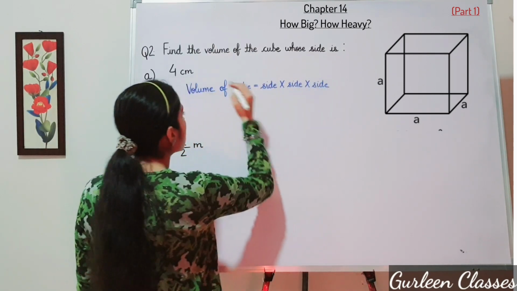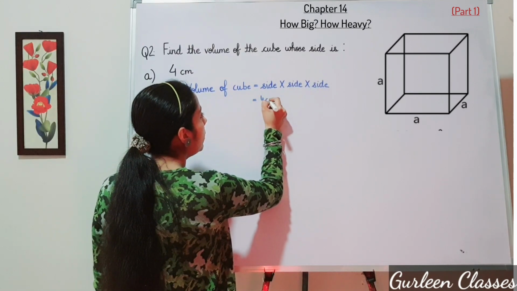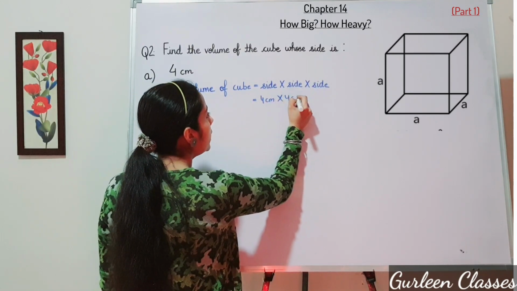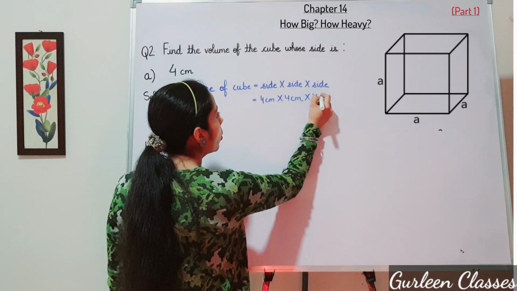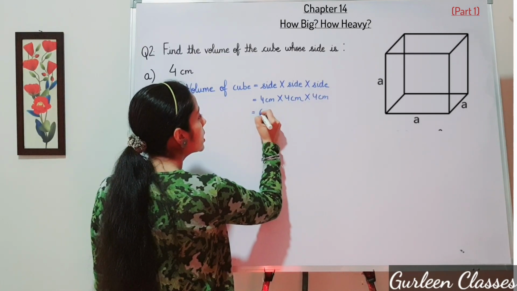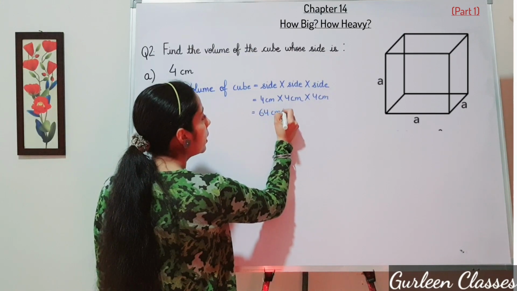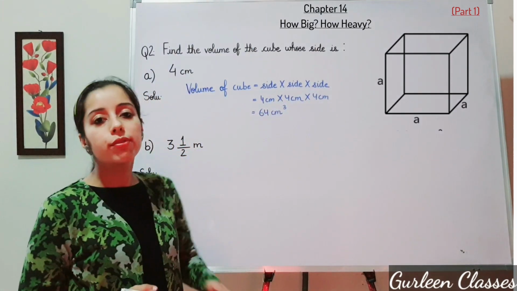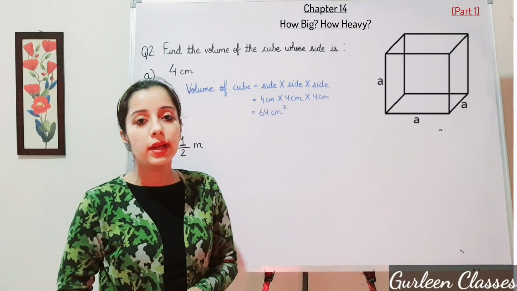As all the sides are equal, so 4 centimeter into 4 centimeter into 4 centimeter. 4 fours are 16, 16 fours are 64 centimeter cube. So volume of cube is equal to 64 centimeter cube.